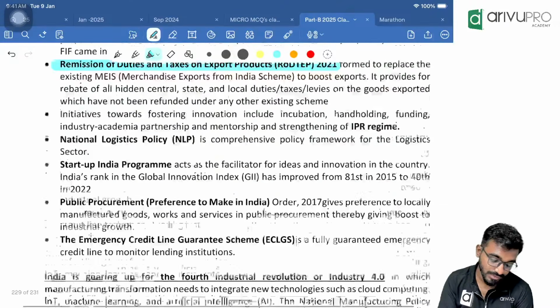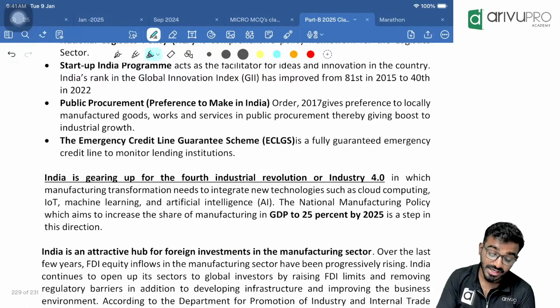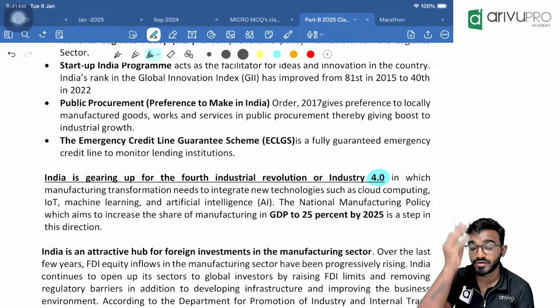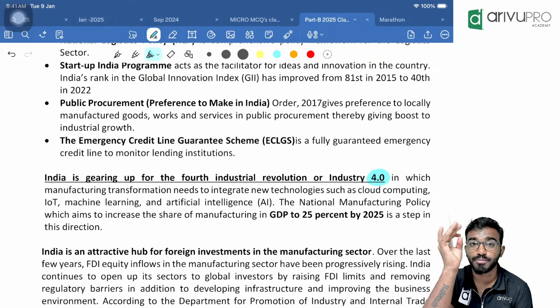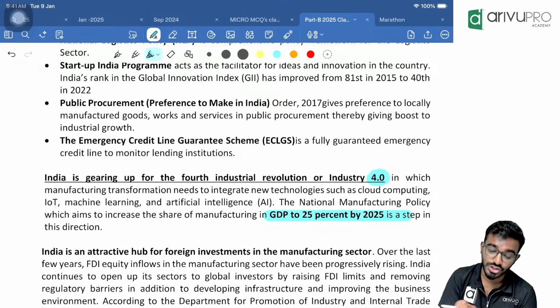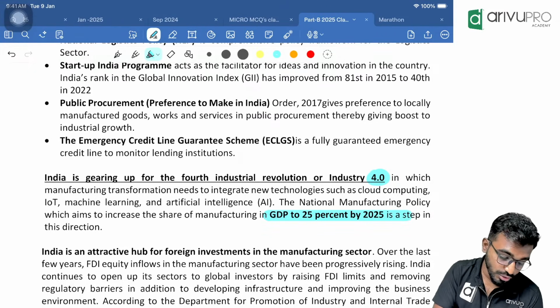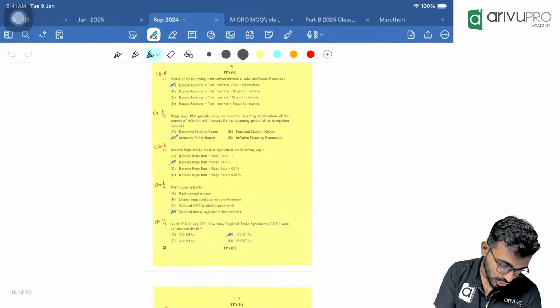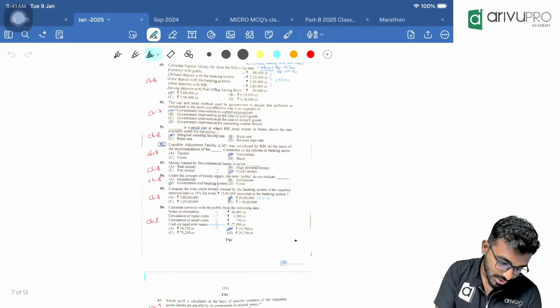These questions have come. National Logistics Policy, and I said the Industrial Revolution 4.0 yesterday. 1.0 in 1948, 2.0 in 1956, 3.0 in 1991, 4.0 in 2005. We have to contribute 25% by manufacturing to the GDP of the country by 2025. Did they do that? God only knows. See here, I will show the question. From that also questions have been asked.